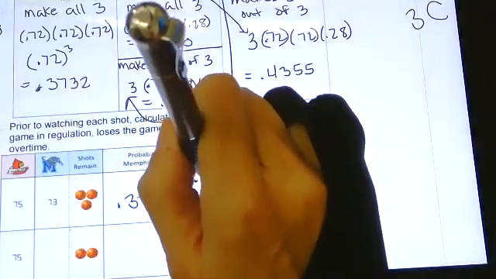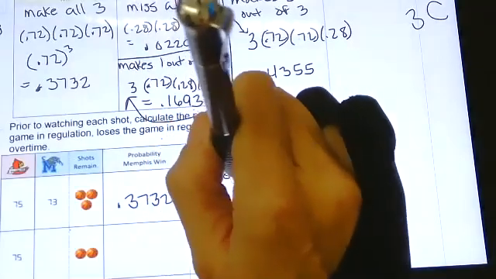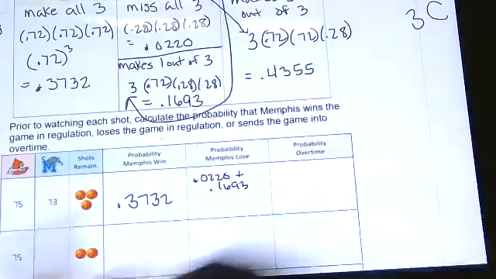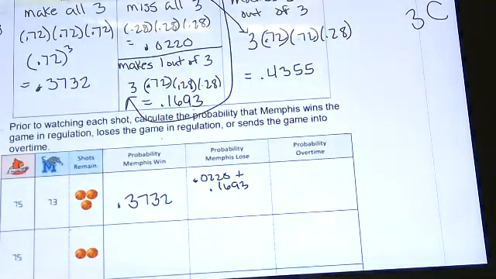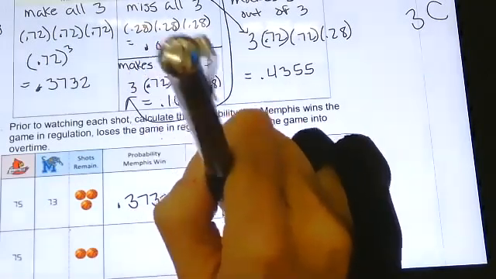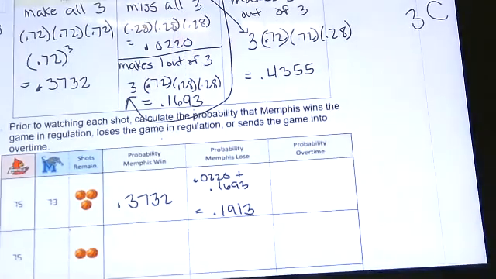There's 0.022 plus 0.1693. So the probability that they lose is 0.1913.